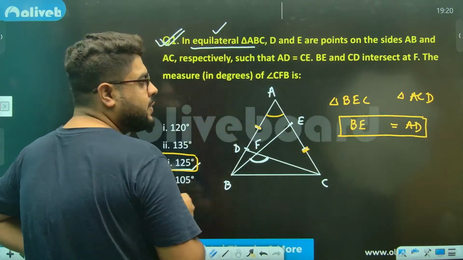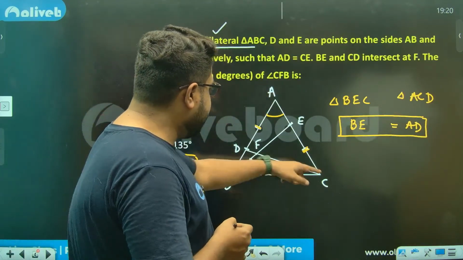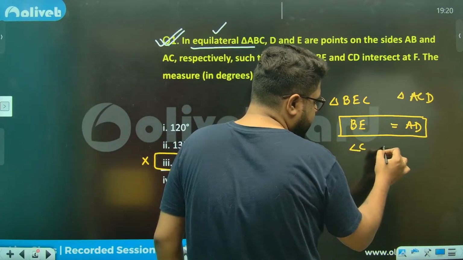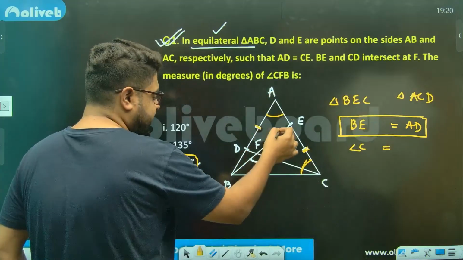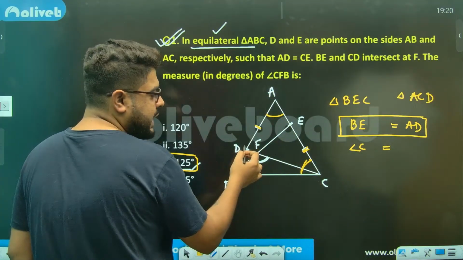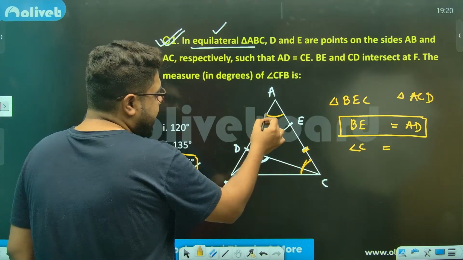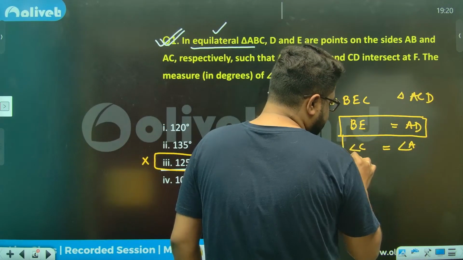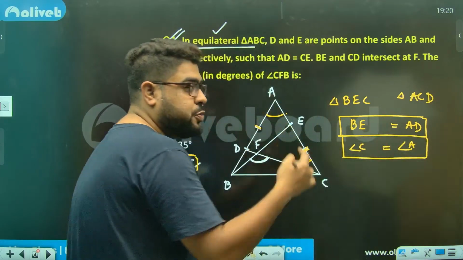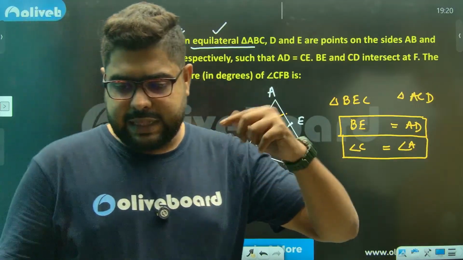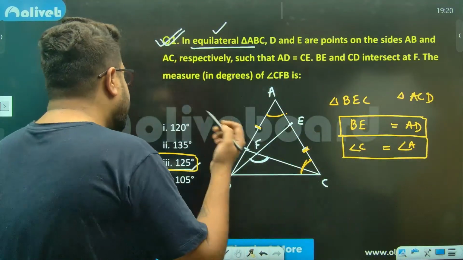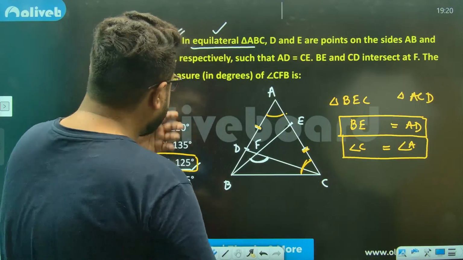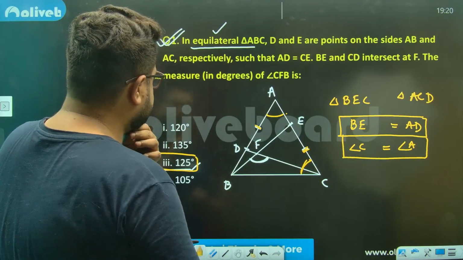In triangle BEC, angle C is 60 degrees, equal to angle A, which is 60 degrees in triangle ACD. So the angles are also equal. I'm trying to prove congruency, so I need one more thing. What can that other thing be, sir? What else can we take?